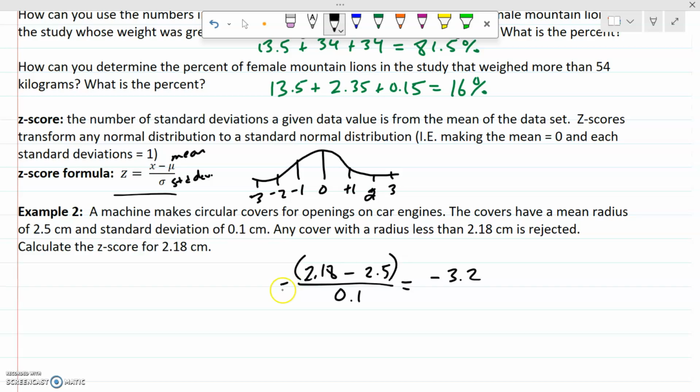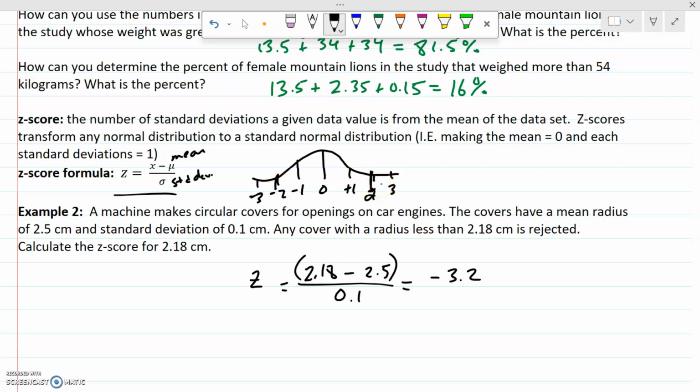There are no units. The centimeters have disappeared. So your z-score is negative 3.2, and they said they're going to reject it. Well, why? It's way out past the negative 2 mark. It's actually beyond the negative 3, in that 0.15% range of bad. So that's what a z-score does for you. It's a very simple calculation, and for interpretation purposes, it tells you where things are good: between negative 2 and positive 2.